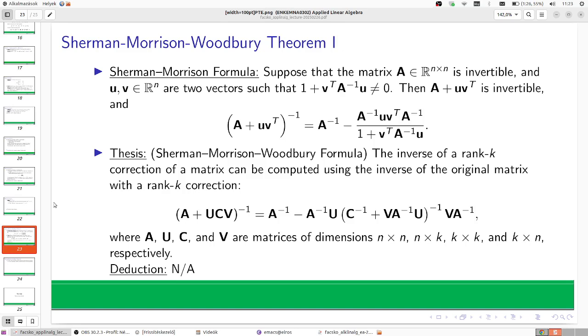You have this U and W, which have special sizes, and you multiply the matrix with them. That's the rank correction.